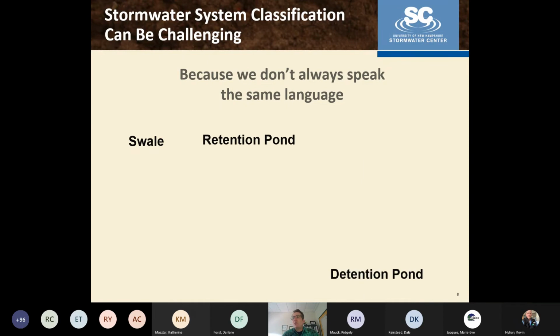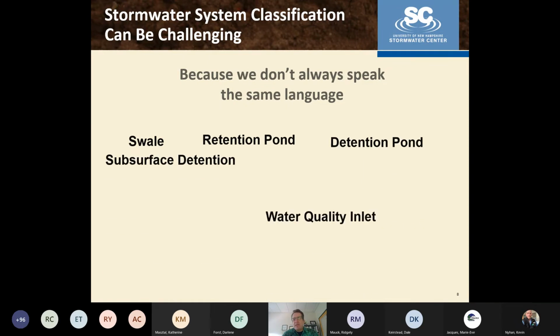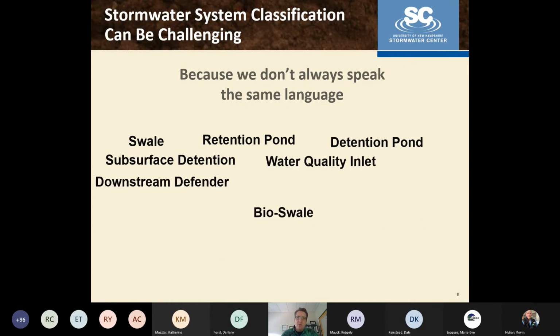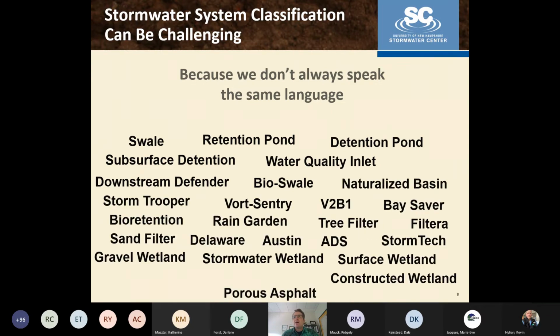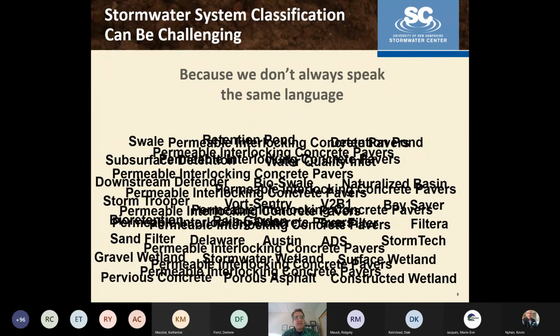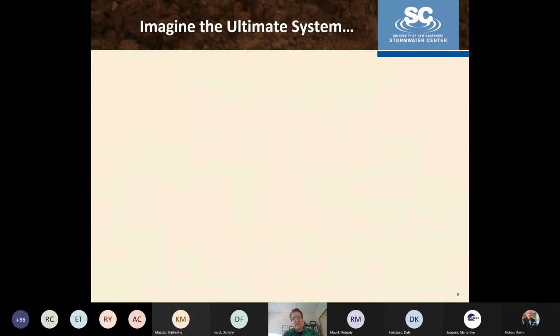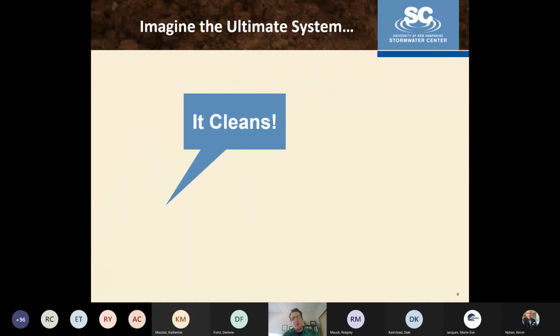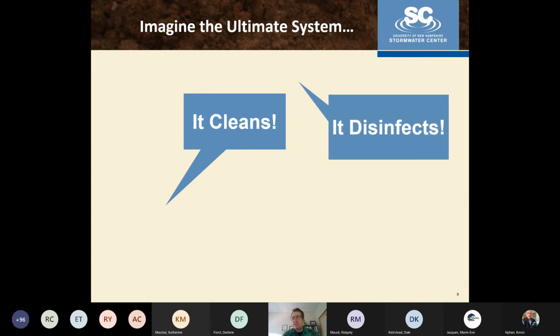The reason unit operations and unit processes make sense to me is that we don't get distracted by the myriad of names and nomenclature out there for stormwater treatment systems. Whether proprietary or non-proprietary, I would say the proprietary systems really corner the market on inventive names like Stormtrooper, I like that one, or Downstream Defender.